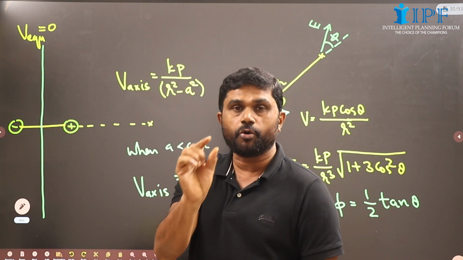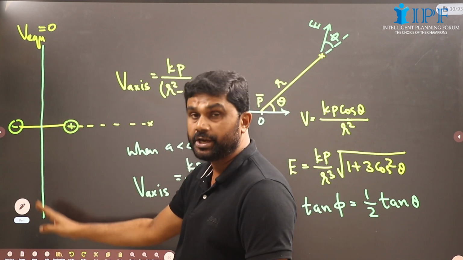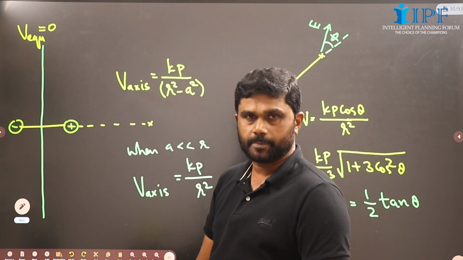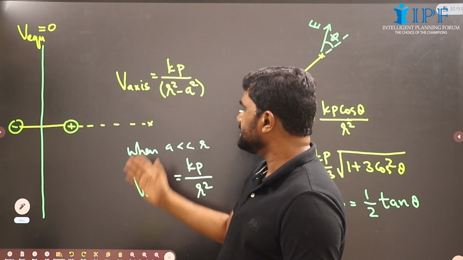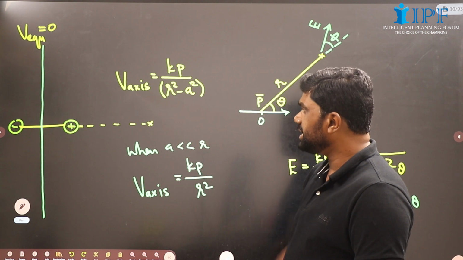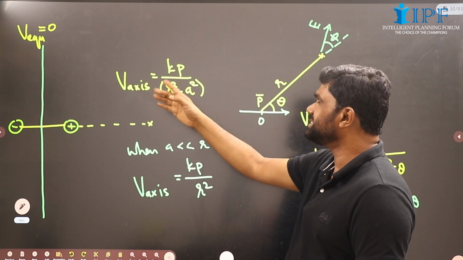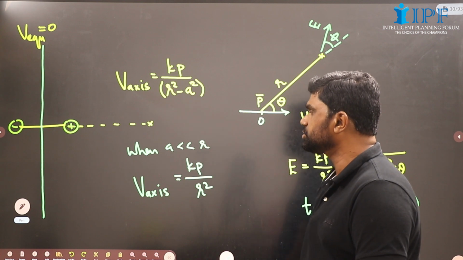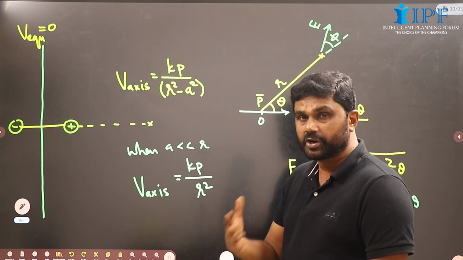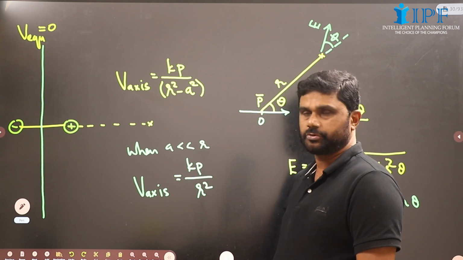So the net or total potential at any point on this equatorial line due to this dipole will be 0. Okay, and see, consider a point along the axis. At any point along the axis at a distance r, the potential is given by Kp divided by r square minus a square. Here also for a short dipole this a square can be neglected, so it will be Kp by r square.